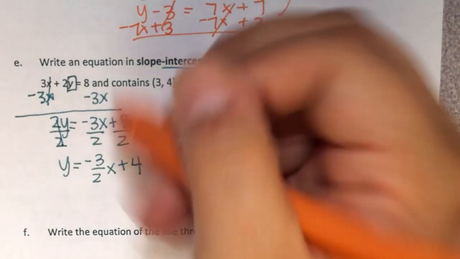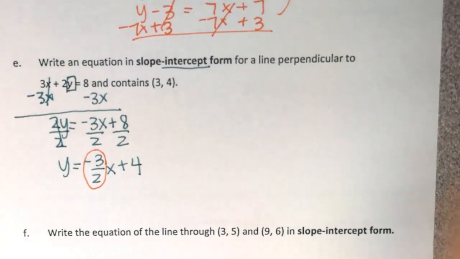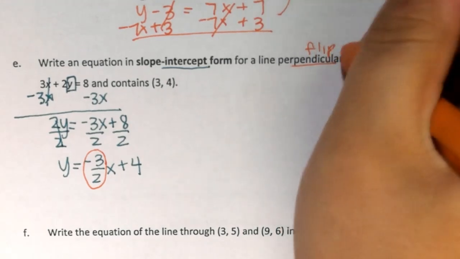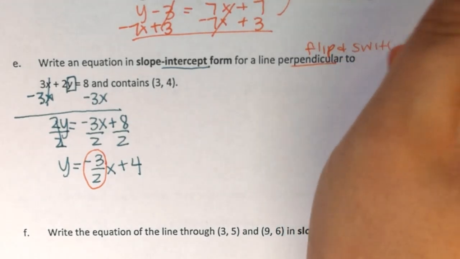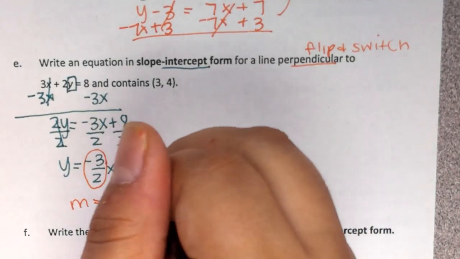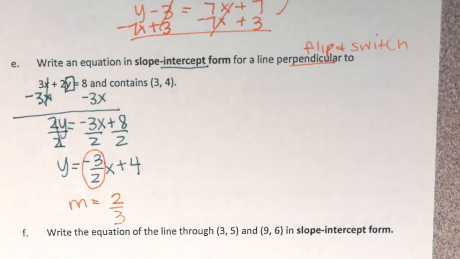But remember, this is not my answer. I want the perpendicular. So I am going to flip and switch anytime I see perpendicular. You do the opposite reciprocal. So my new slope is going to be positive 2 over 3.